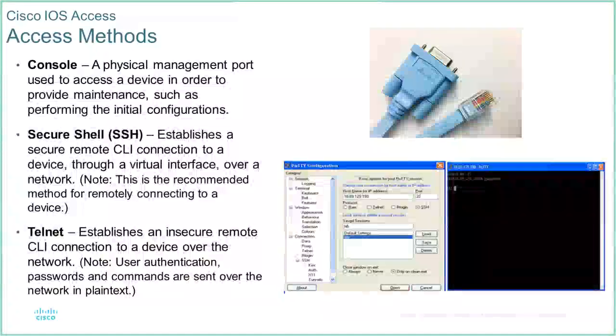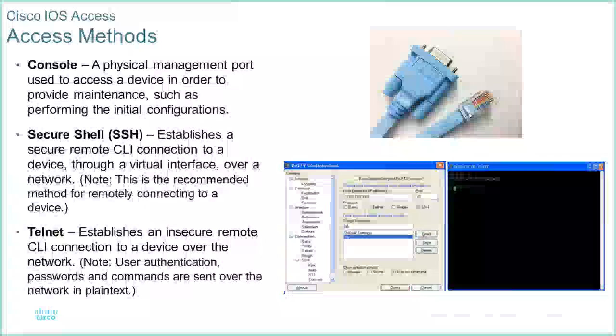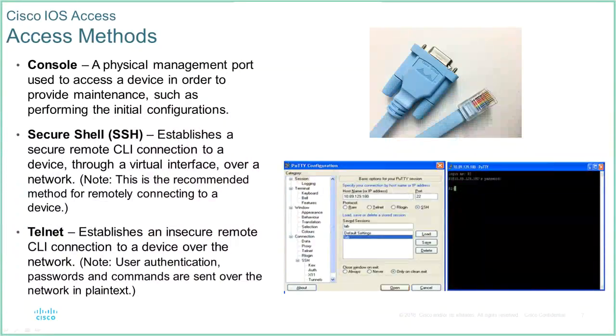You've got a console port, which is a physical configuration cable access, and it would be a sky blue, flat ribbon cable, traditionally with a D9 plug on one end and an RJ45 on the other, and that would plug into your comms port, your serial port.